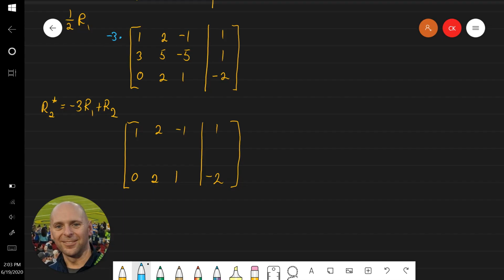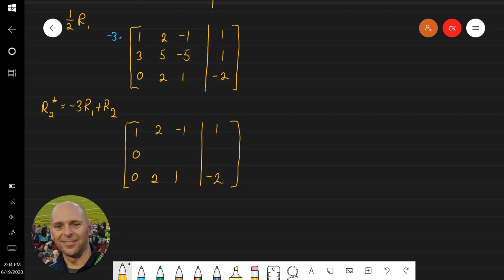And we can do this by writing it all out, or we can just do element by element, and that's usually how we do it. So minus 3 times 1 is minus 3, plus 3 is 0. So we get a 0 as the first element in the second row, and we just repeat that process. So minus 3 times 2 is minus 6, plus 5 is negative 1.